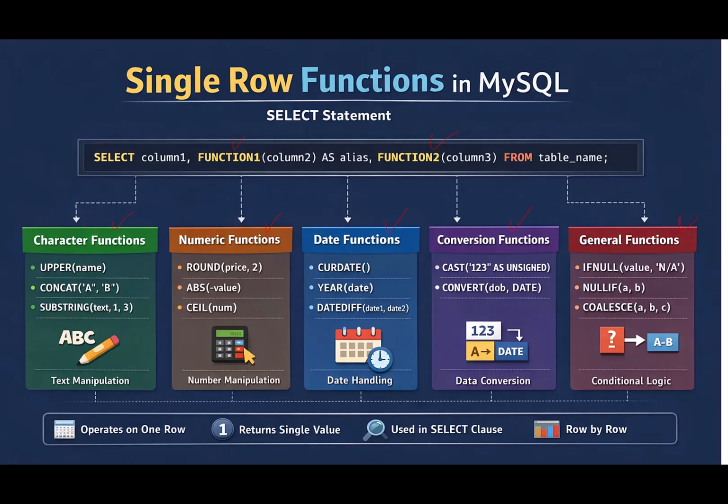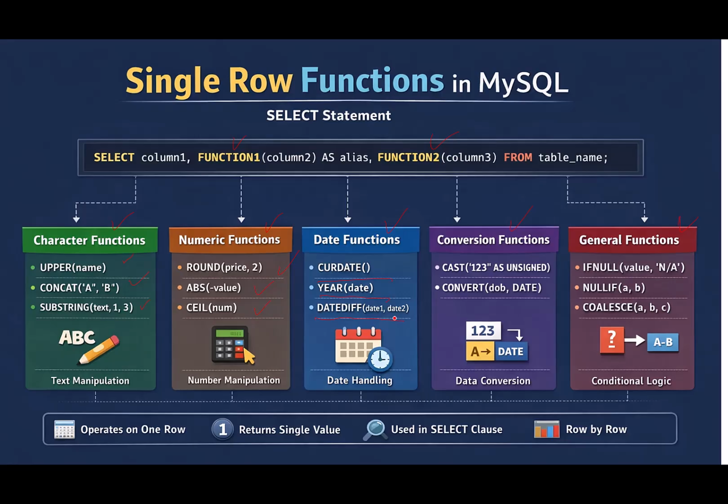For instance, for string function, convert everything to uppercase, concatenate two strings together, or extract part of a string. We call it substring function. Doing rounding, get the absolute value and find the ceiling of a numerical number. On current day, get the year based on the date column, and date difference, compare the difference between 2 days, and etc.